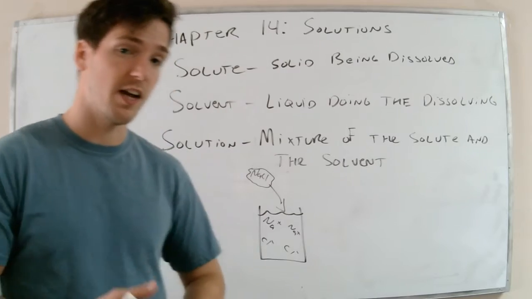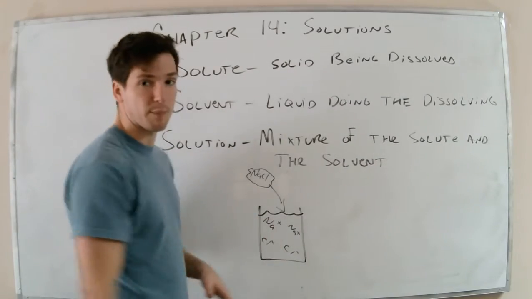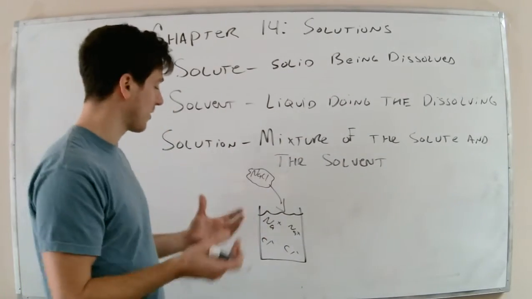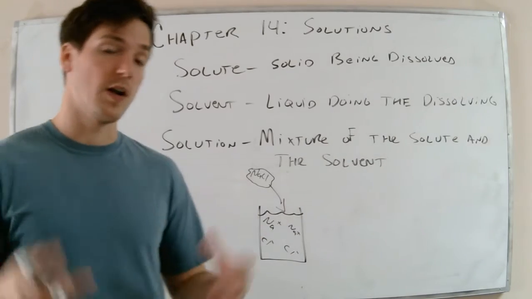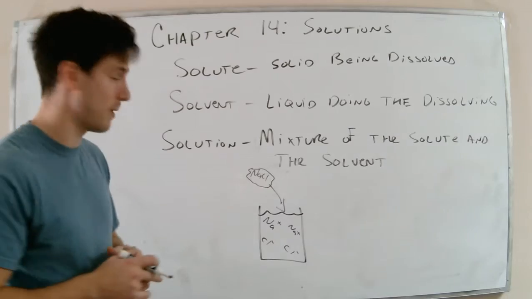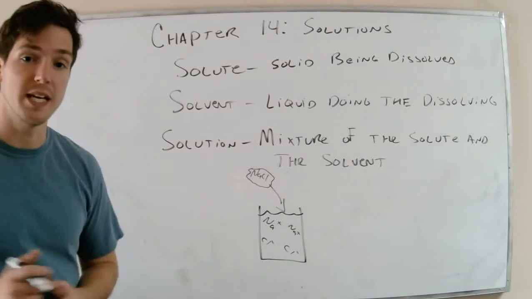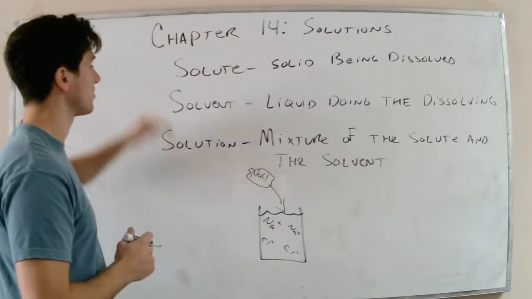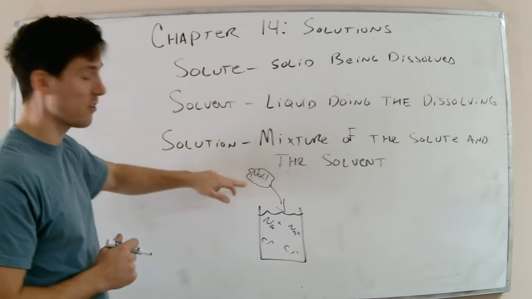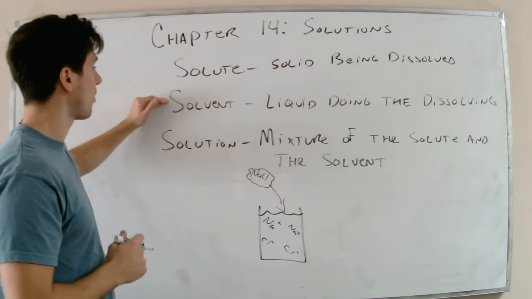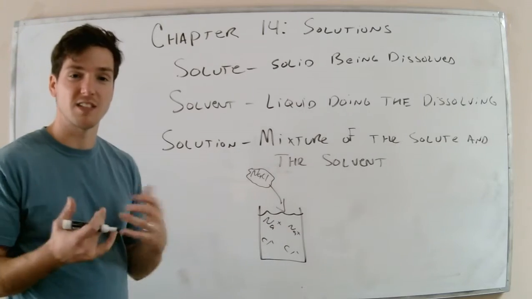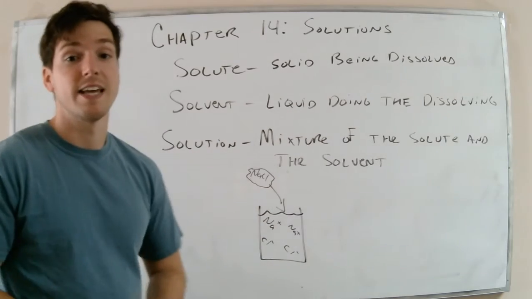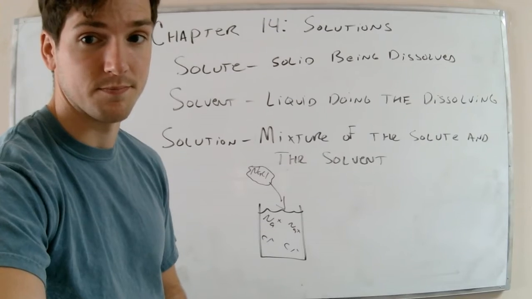The polarity of water helps keep these separated, and the water and the surrounding ions are stable enough that they can exist in water by themselves without reacting too much. So those are our three basic definitions. Solute, the solid being dissolved, or the salt. Solvent, the liquid doing the dissolving, or in our case the water. And the solution is the mixture of the two, which in our case is the salt water.